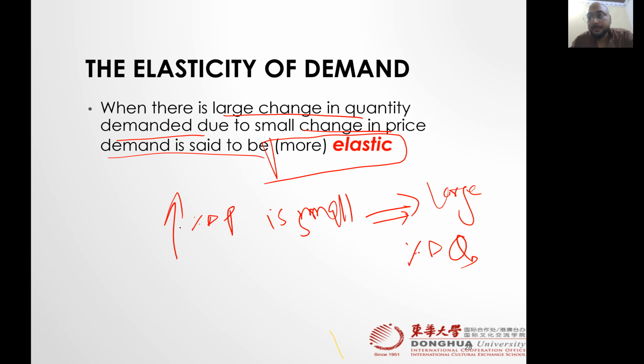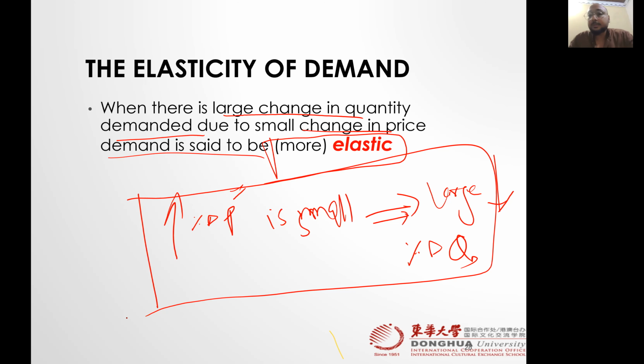If the increase in percentage change in price is small and causes a large decrease in percentage of quantity demanded, then we call this more elastic, highly elastic, or just elastic. If you change price by a small percentage and it causes a big change in quantity demanded, we call this price elasticity of demand highly elastic, or that product is highly elastic. Demand is elastic, right?